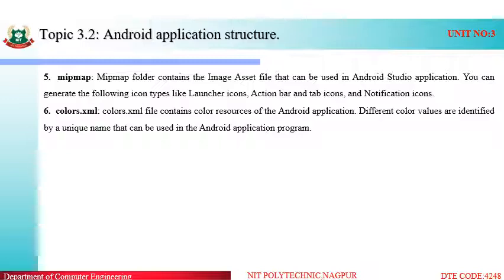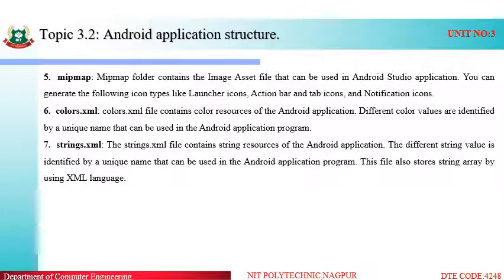Color.xml contains the color resources of the Android application. Different color values are identified by a unique name that can be used in the Android application program. A simple example of color.xml is the different types of themes we can use in our mobile devices. String.xml contains the string resources of the Android application.